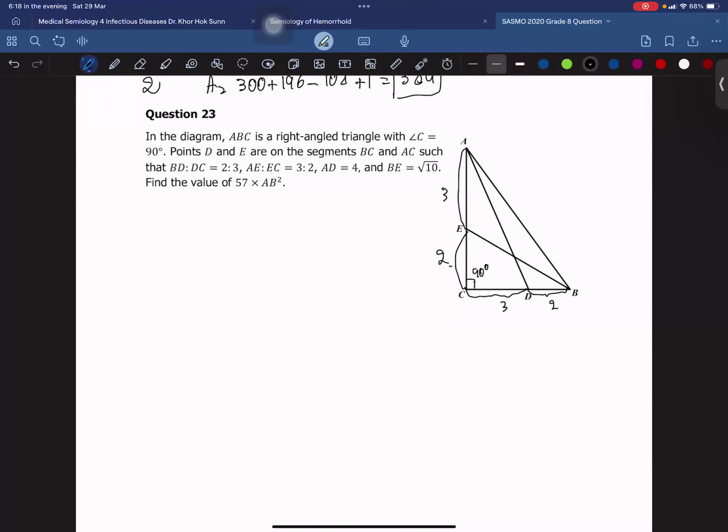Okay, so we have AD as 4, and BE is square root of 10. So I'm going to give you 1 minute to solve this exercise.